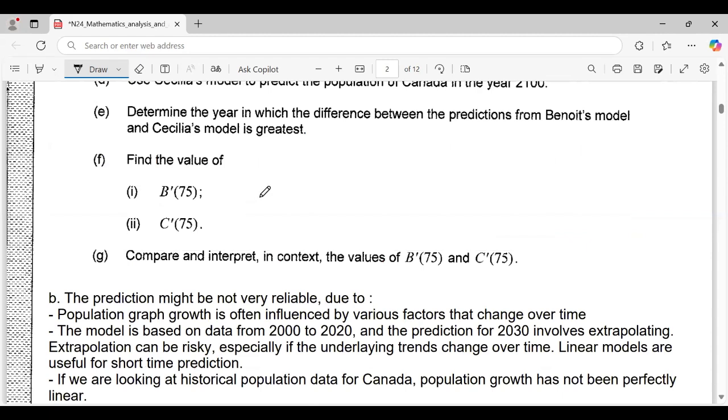Okay. Find the value of B'(75) and C'(75).